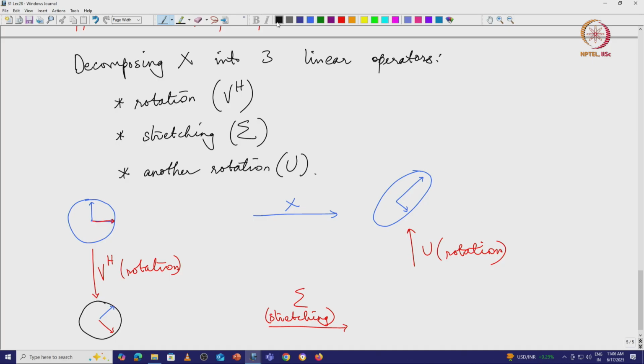So, the data has been stretched, and these are the 2 vectors that we were monitoring, and then finally this is again slightly rotated here. So, you can see that is the physical interpretation of singular value decomposition, and that is how you are aligning it along the direction in which there is maximal variance. So, that is the link between SVD and PCA.